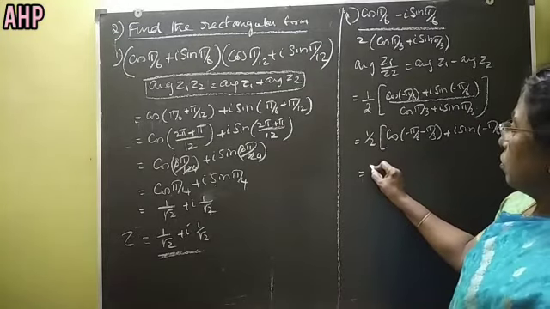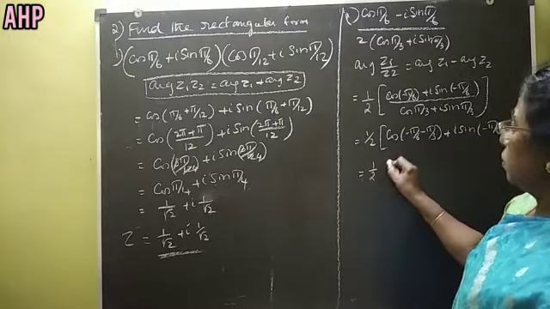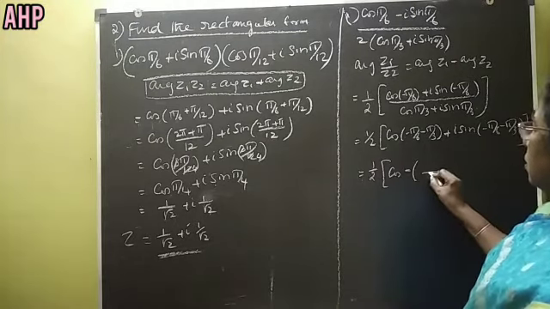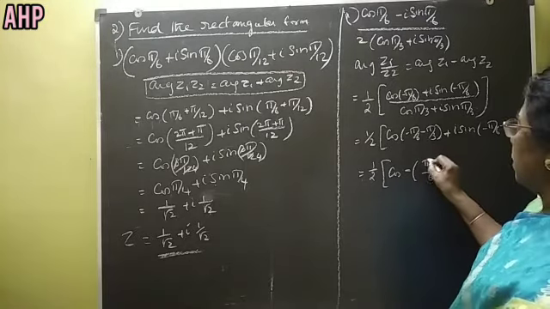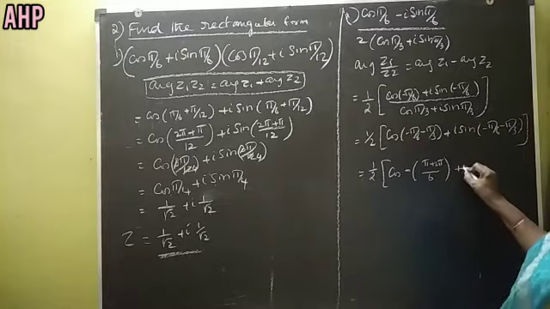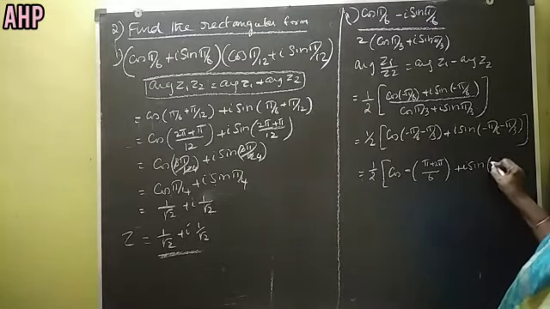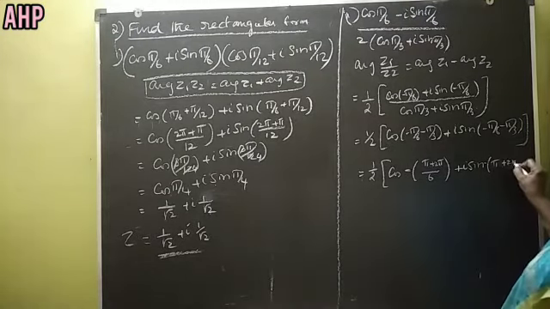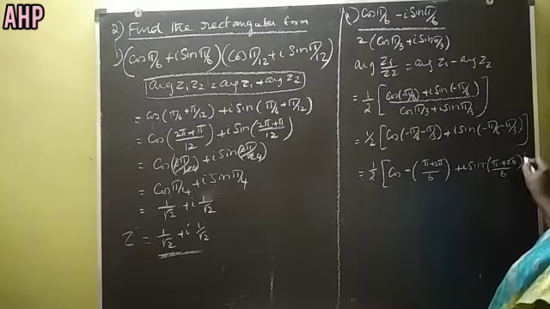So this is equal to 1 by 2 into cos of minus (pi plus 2 pi) divided by 6, plus i sin of minus (pi plus 2 pi) divided by 6.